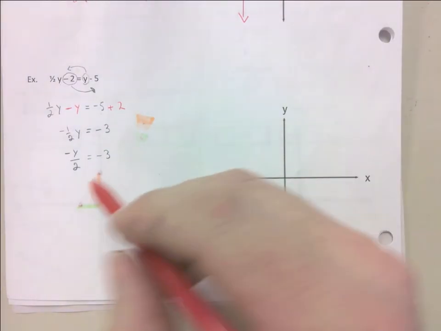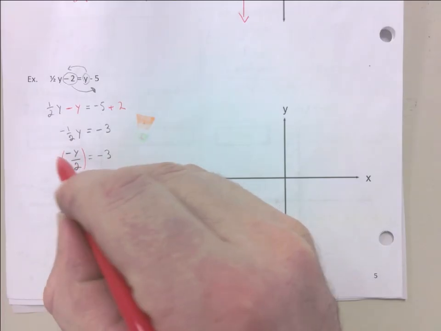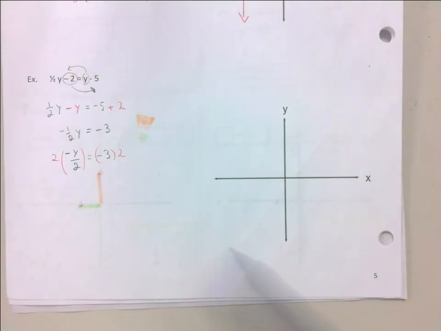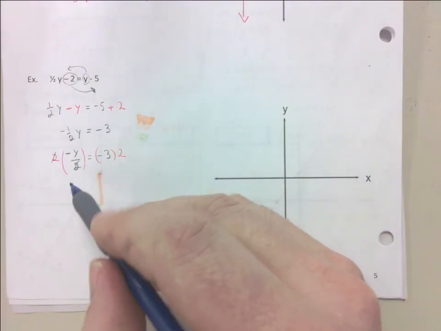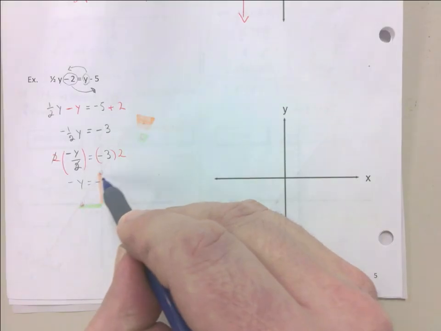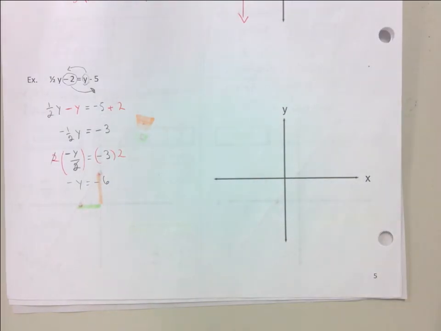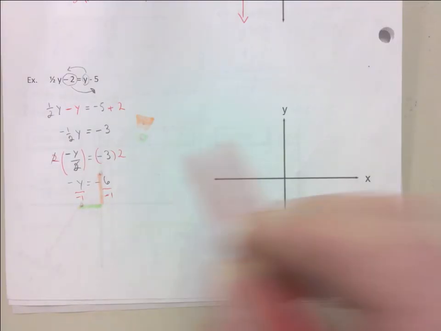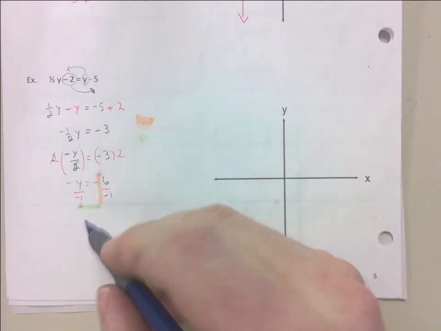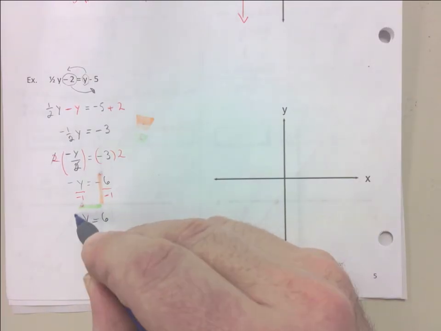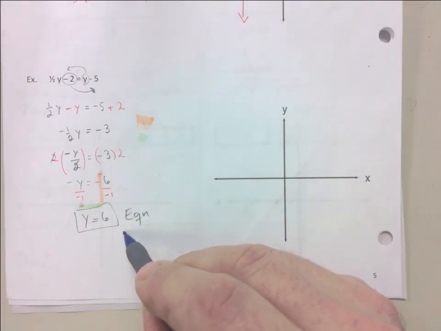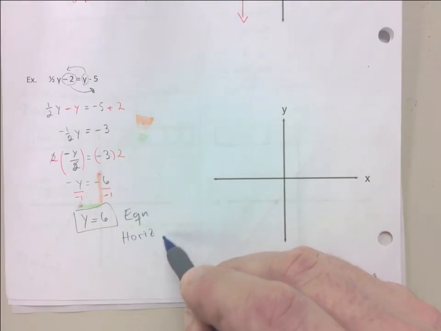And so what I will do now is I'll multiply both sides by 2. It's a little longer than you would like it to be. So it's negative y is equal to negative 6. And then we divide by negative 1. And you end up with y is equal to positive 6. This is the equation. It's a horizontal line.